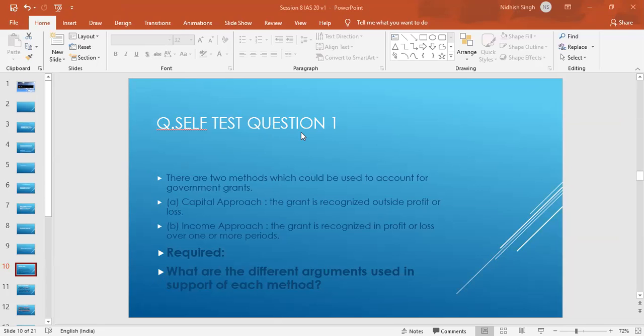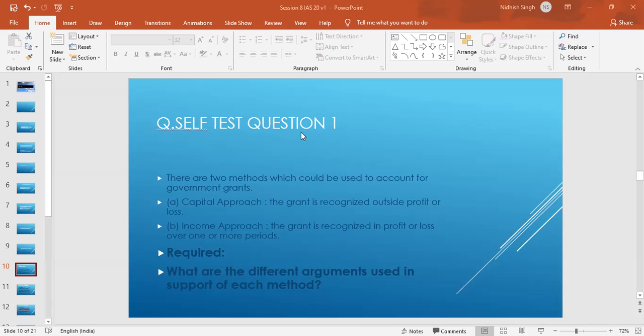No, my question is this: suppose that you have to advocate that capital approach is a good approach to recognize the grant. What kind of argument and support will you provide to back up your side? If you have to advocate for capital approach, that the grant should be reflected through the capital approach, or you might choose income approach, what will be your argument to support?